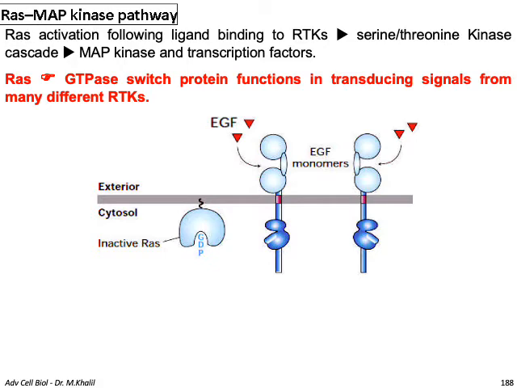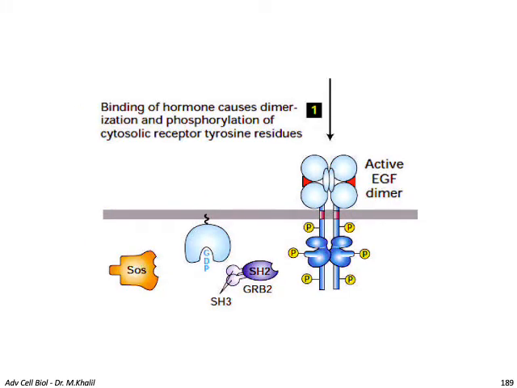And you can see here that RAS bound to GDP is in its inactive form. Once the signal binds to the EGF receptor monomer, it induces dimerization of the receptors and autophosphorylation of the cytosolic domain of the protein. This phosphorylation recruits two important proteins, which are GRB2 protein and SOS protein.